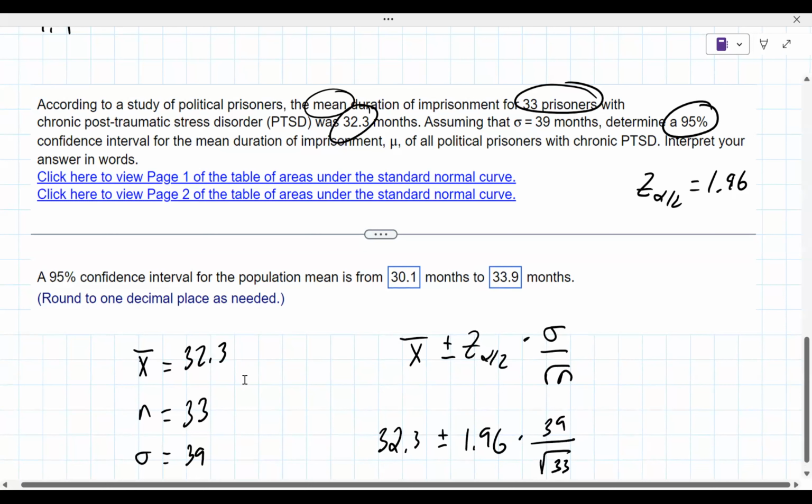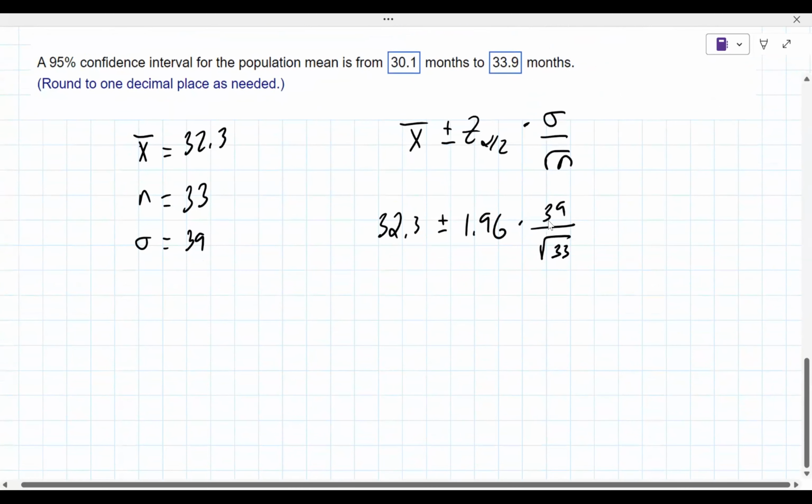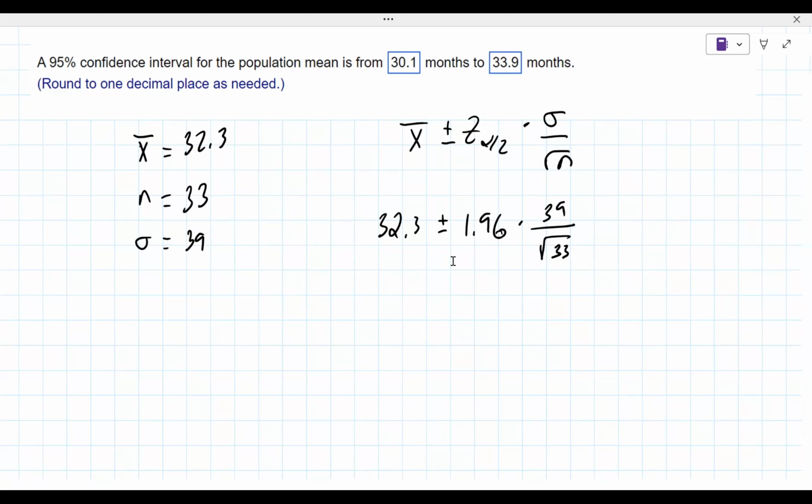All right, what kind of calculator are you using? It's a TI 84 Plus CE. Perfect. So the nice thing about the TI 83 and 84 is you can enter it exactly like this. You can do the plus first and then the minus. Do you have any questions about how to enter this in the calculator? Because I do have a virtual TI 83 I can share if I need to.